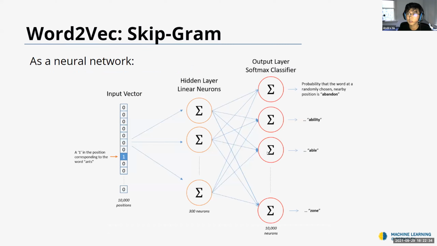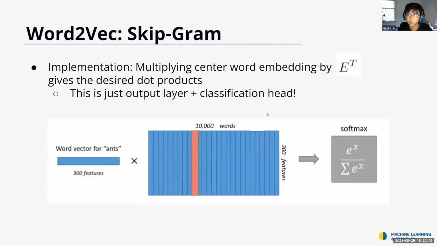So let's assume that your network is already trained. It's able to predict the probabilities of other words being near a specific given word. What that means when you look back at this matrix multiplication is that the dot product between the given word and every other word corresponds to the probability of them being close to each other, right?